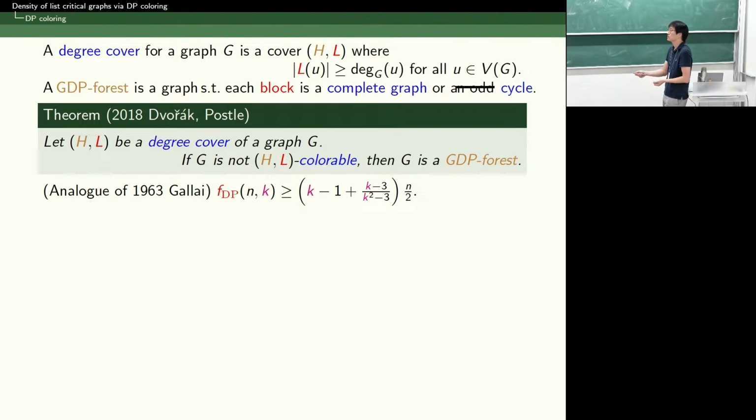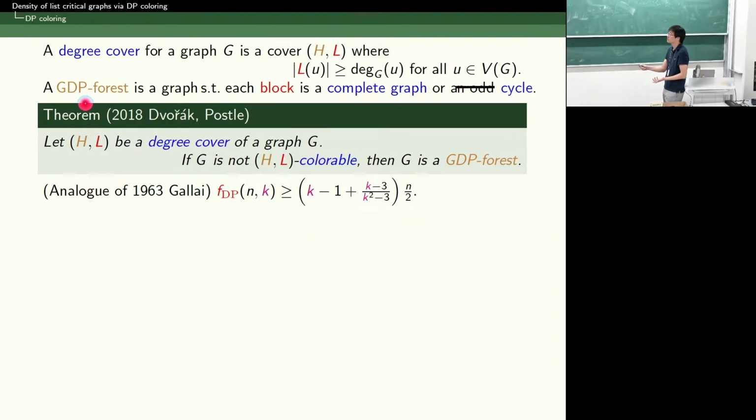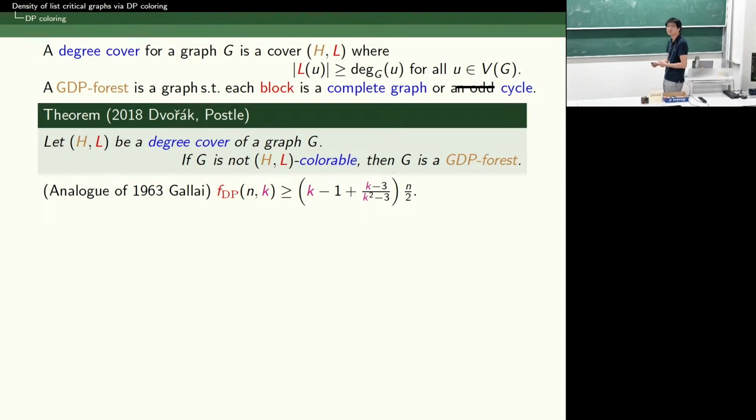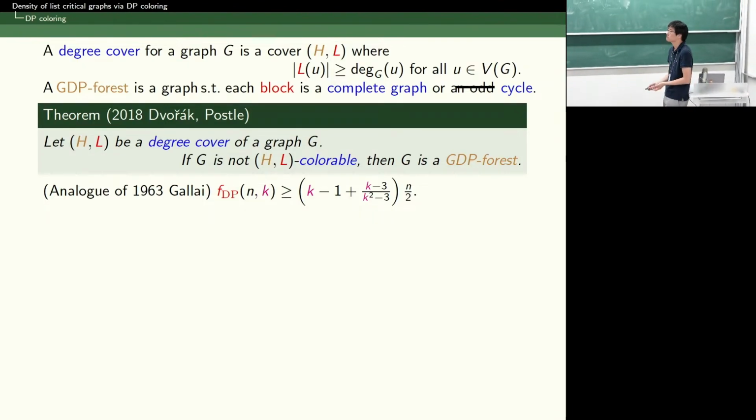Okay? So now we define this thing called a Gallai DP forest, short for GDP forest. So this is a graph where every block is a complete graph or just a cycle, as opposed to an odd cycle. Right? So now we're allowing these blocks to be even cycles as well. Okay?